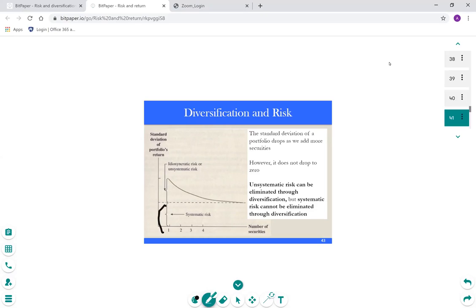We can get rid of the unsystematic risk if we increase the number of securities in our portfolio. We can cause that to reduce and go down this curve if we increase the number of securities in our portfolio. But there's a limit to how much that can actually eliminate overall risk, because there's still the systematic risk. That's the risk of overall trends in the economy happening, things that are just inherently risky that are not going to be helped if you hold a diverse portfolio.